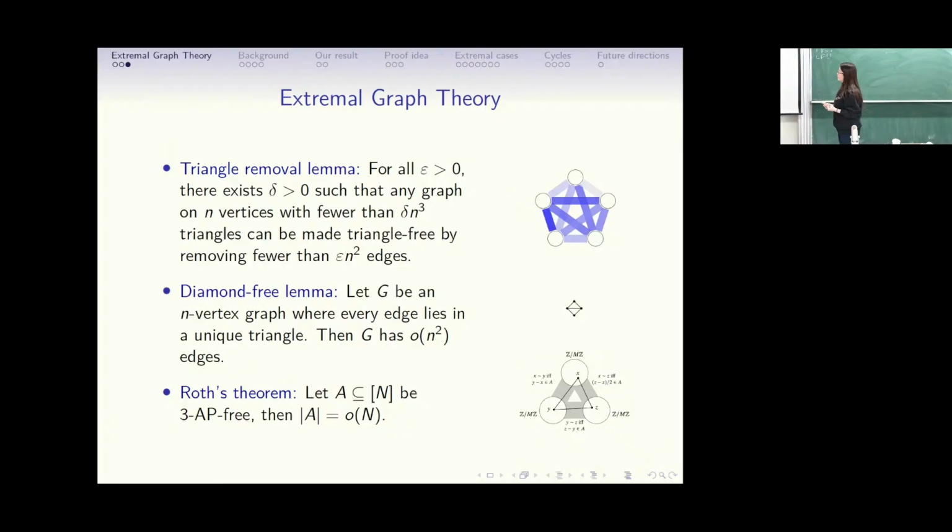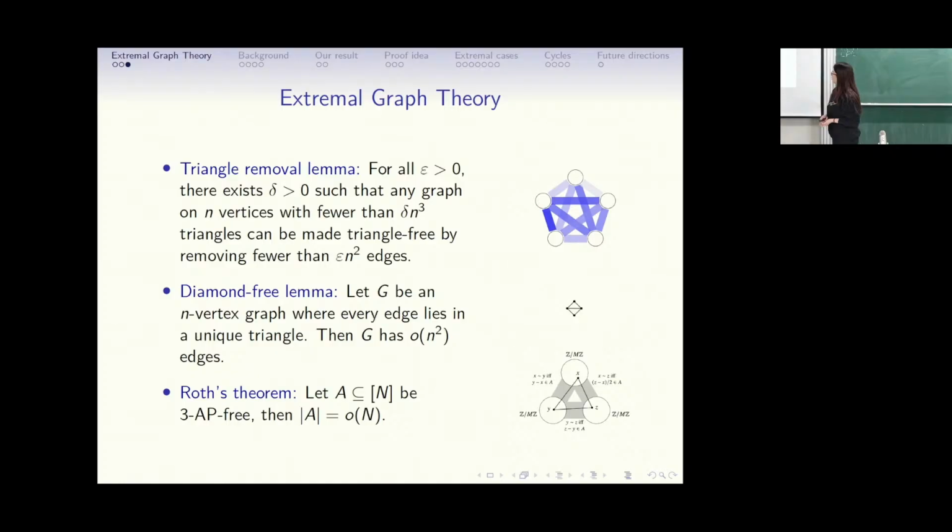And roughly speaking, one proof can be stated in the following way. Based on the regularity method, one can show that if there are fewer than delta n cubed triangles in the graph, then the graph can be made triangle-free by removing fewer than epsilon n squared edges.